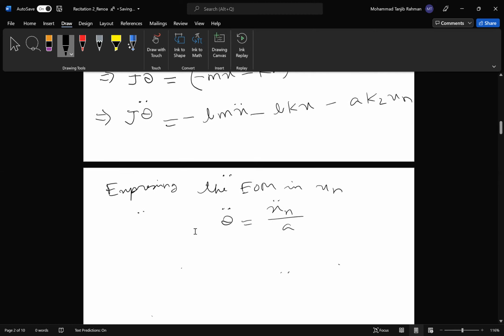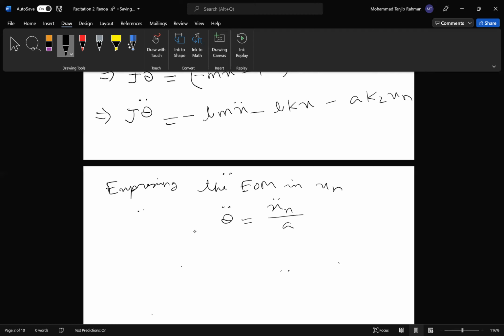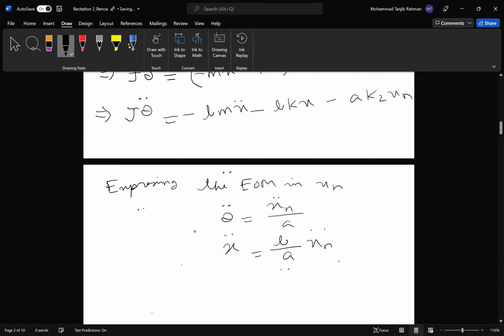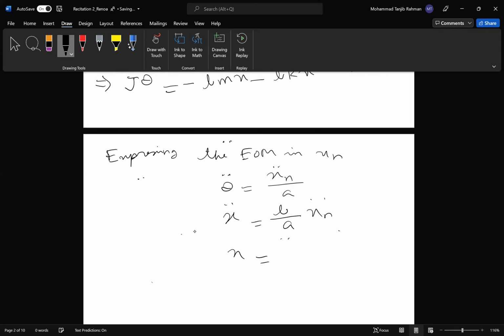We're also going to use x double dot equal to b by a xn double dot, and x is obviously b by a multiplied by xn.